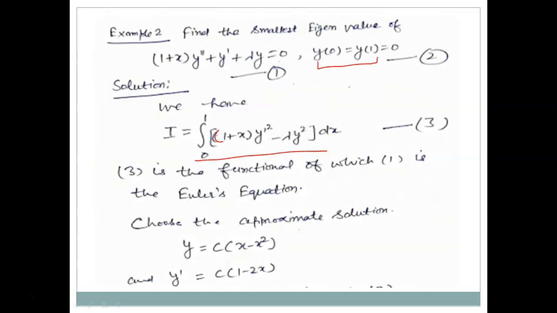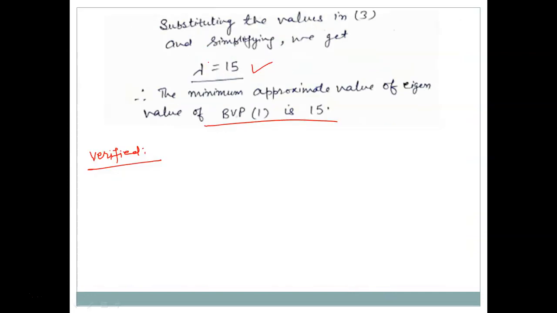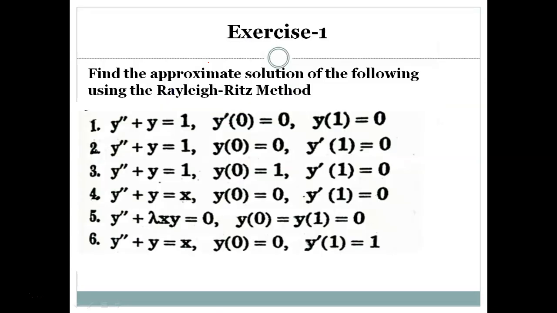This is a linear differential equation, but it is not with constant coefficients; it is with variable coefficients. There are certain methods by which we can solve it, but details are not there, so you can skip the verification part here. Simply calculate the approximate solution.